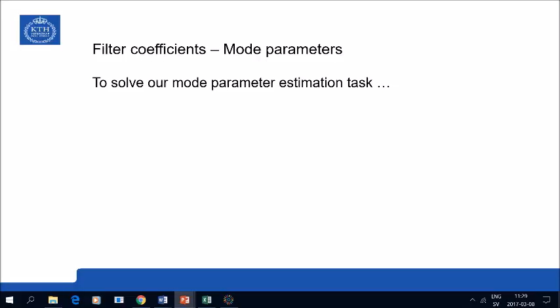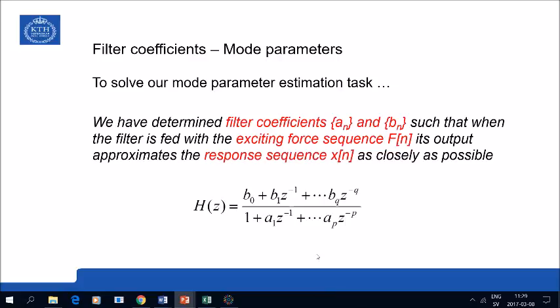So, to solve our model parameter estimation task, we have determined digital filter coefficients An and Bn, such that when we feed the filter with the exciting force sequence, the filter output approximates the system's response sequence as closely as possible.